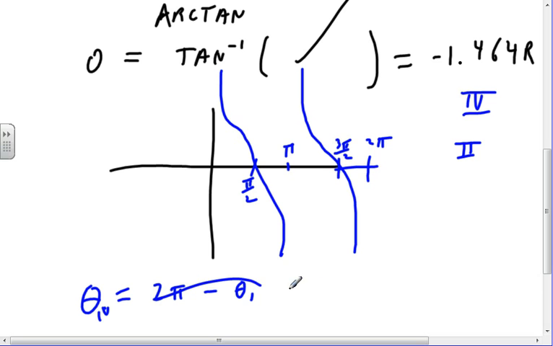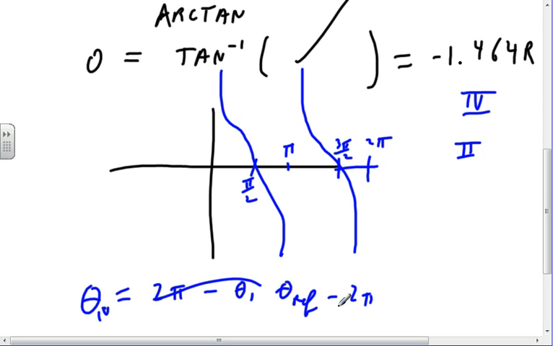No, it's reference angle minus 2 pi. Minus 1.46 radians.